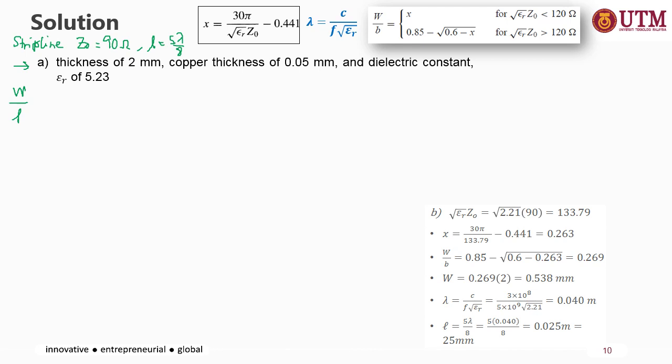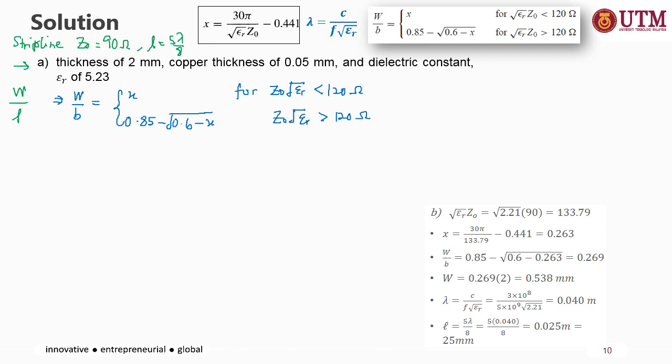Firstly, the one related to the width is from the ratio of W over B, which is equal to x for Z0 root epsilon r less than 120 ohm, or 0.85 minus the square root of 0.6 minus x for Z0 root epsilon r larger than 120 ohm.